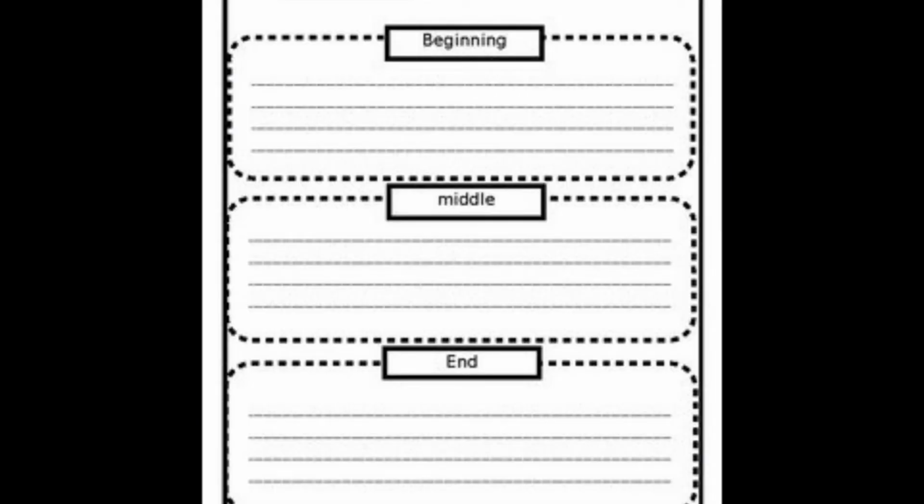For example, if it's fiction, they can write a sentence related to what happened at the beginning of the story, a couple of sentences about what was important in the middle of the story, and then a sentence on how the story ended. Then, using what they already wrote, they can go ahead and write down the whole paragraph summary of that specific fictional story.